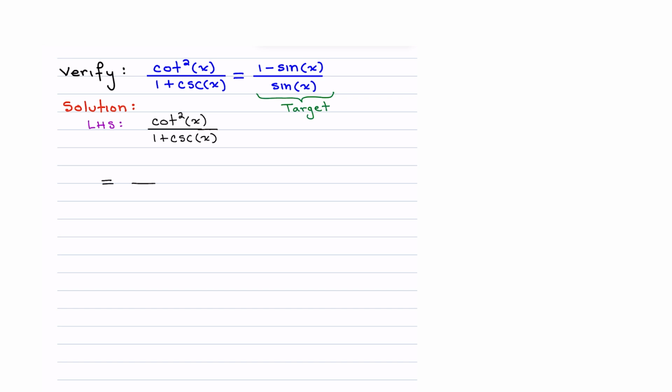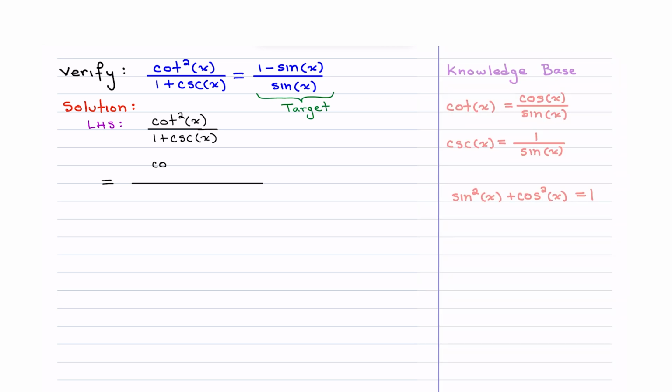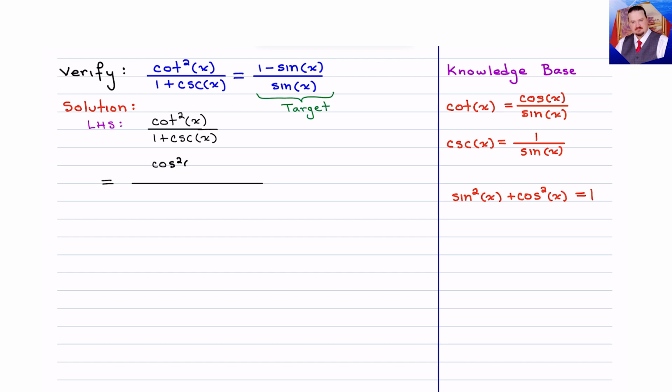All right, so the first thing we want to do is probably resolve this in terms of what we think it's going to be. So the cotangent squared, we know that from our knowledge base. Cotangent is cosine x over sine x, so we know that cotangent squared is cosine squared x over sine squared x.